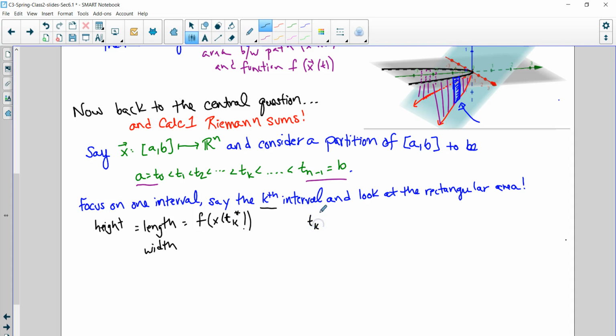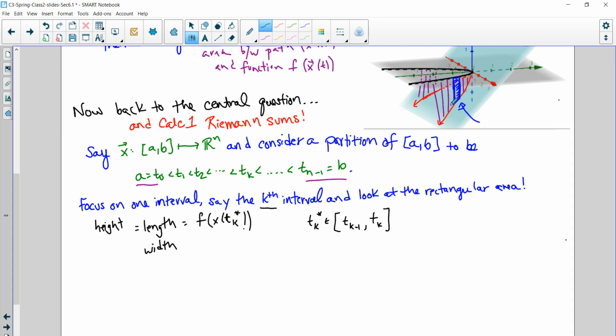I'll write this down: tk star is in that kth interval. That kth interval is represented as tk minus 1, comma, tk. So it's just some point in there. Historically, you might remember we use left endpoints or right endpoints or midpoints, so it could be one of those. Okay, so that's just the height.